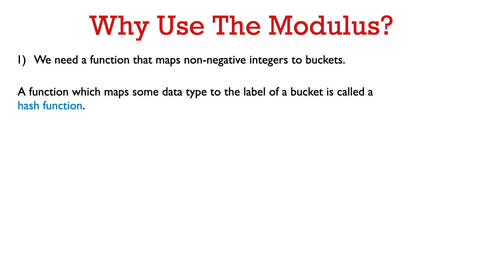The modulus function very naturally does this, right? Because if we take a non-negative number modulo size, we're going to get an output between 0 and size minus 1. So that's one nice property of this modulo function.